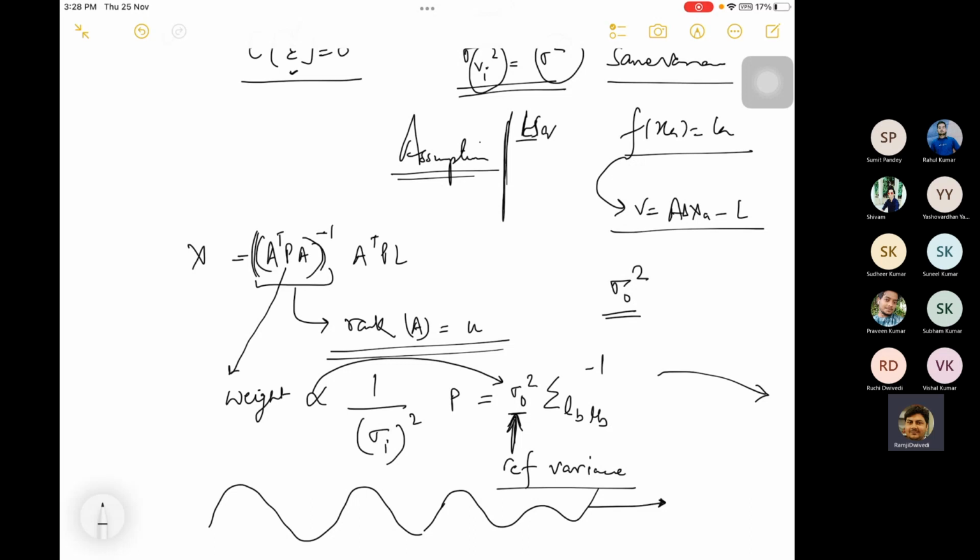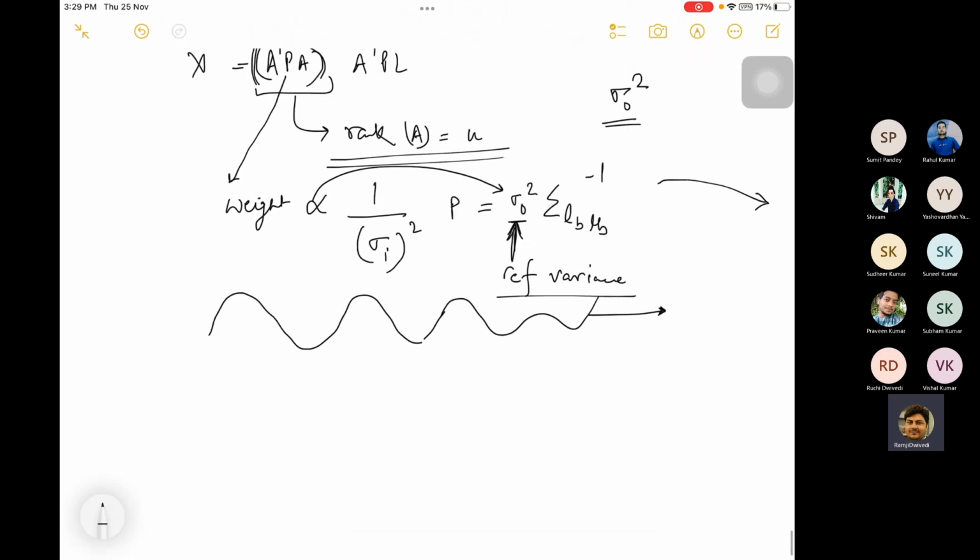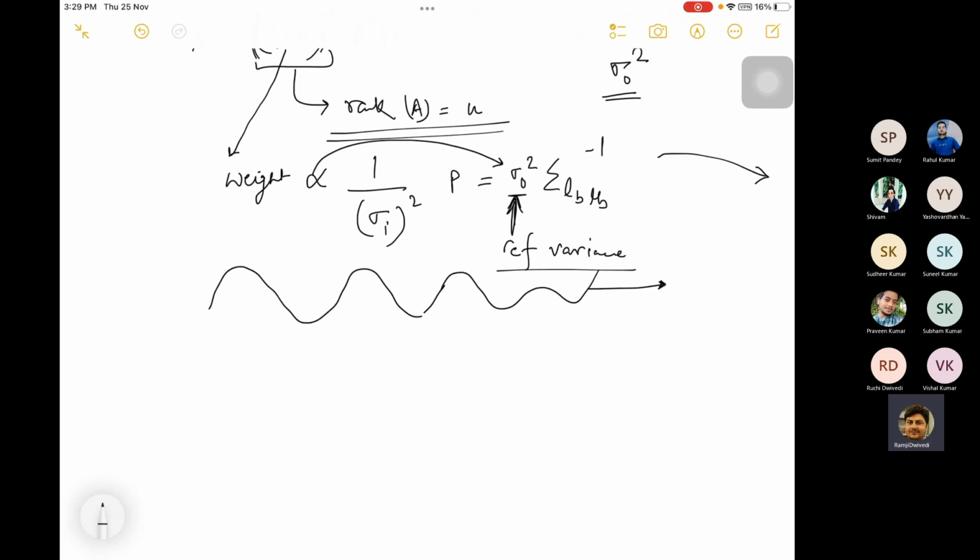If you choose too many GCPs for converting the image to map coordinates, then the model which has to best fit the image so that you could convert from image pixel to map coordinate pixel doesn't behave in the same fashion, it behaves sinusoidally. So that is another example where our least square solution has different properties in terms of the solution.